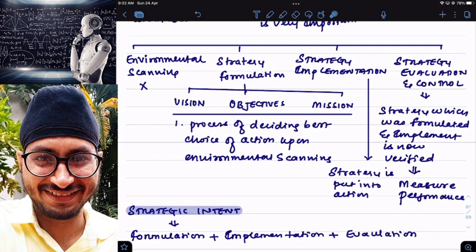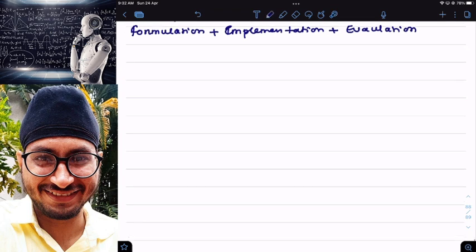Now, let us start with concept number 1, that is vision. Here, many students will get confused between vision, mission and objectives.